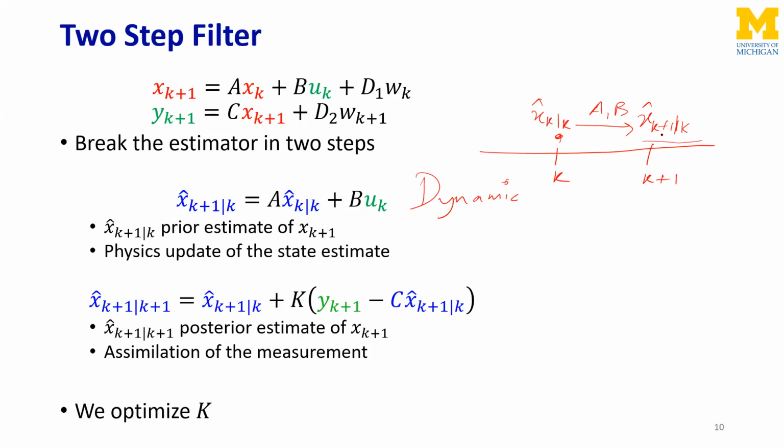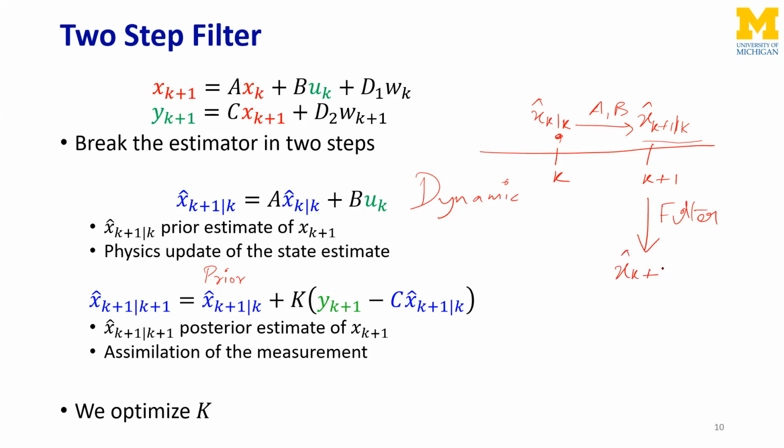This we call the prior estimate of x k plus 1, and it is prior to the actual filtering step. Once we have this prior estimate, we add a correction term, which is the scaled output error, and whatever we get after the filtering step is what we call the posterior estimate.